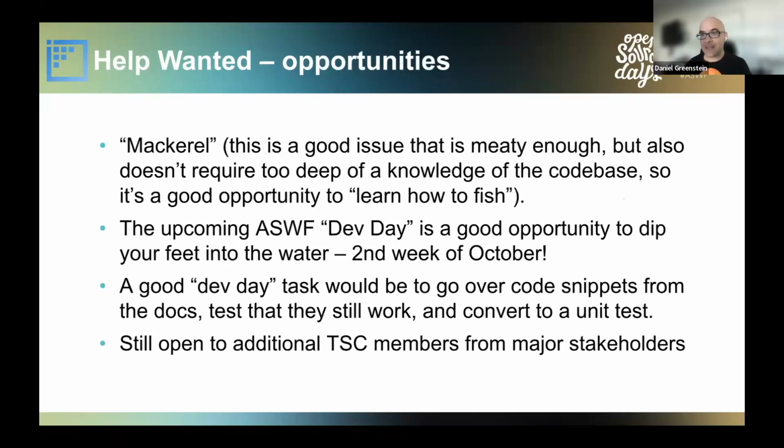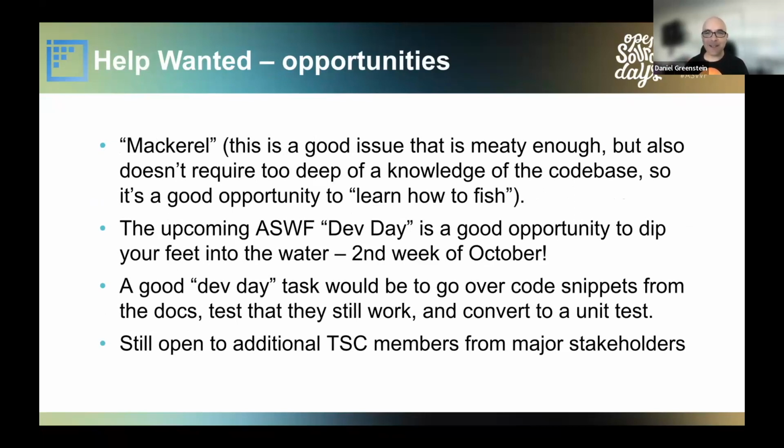So if you're asking yourself, hey, how do I dive in? How can I get involved? There are a few ways that we are thinking about. One of them, if you feel that you're ready to tackle some coding issues, then Larry is going to tag certain issues in GitHub as mackerel.